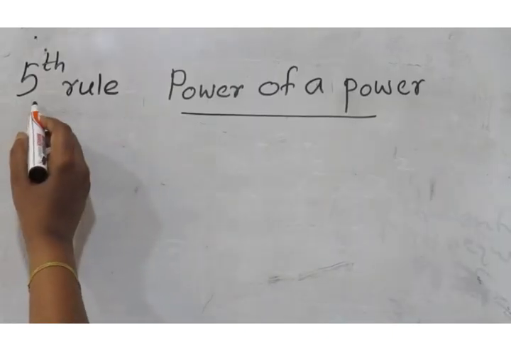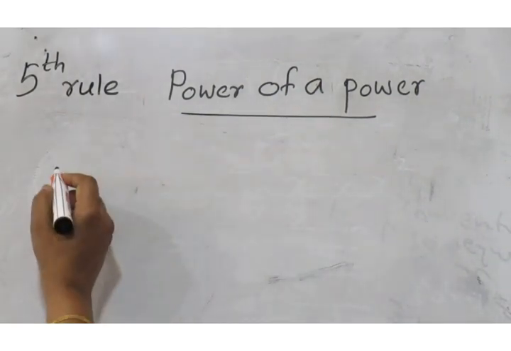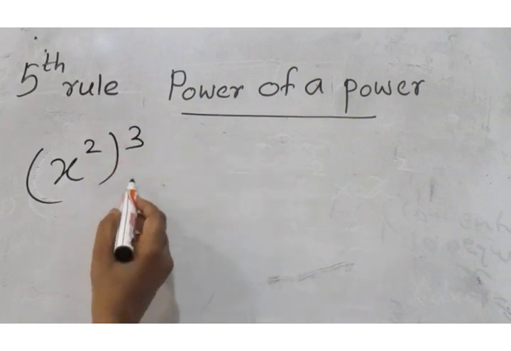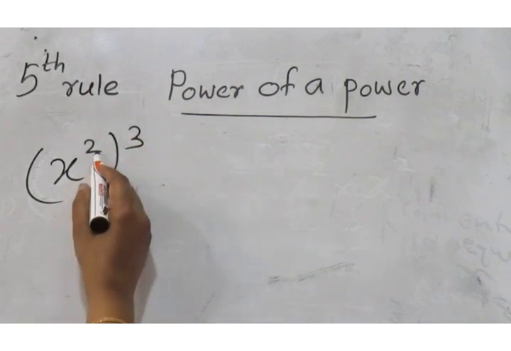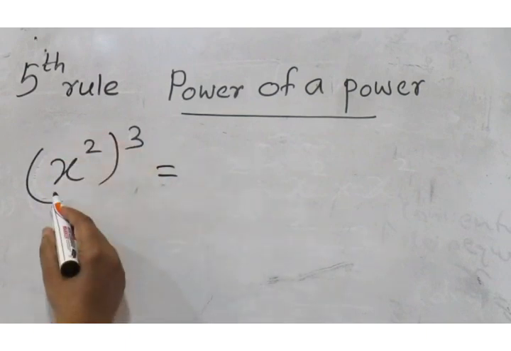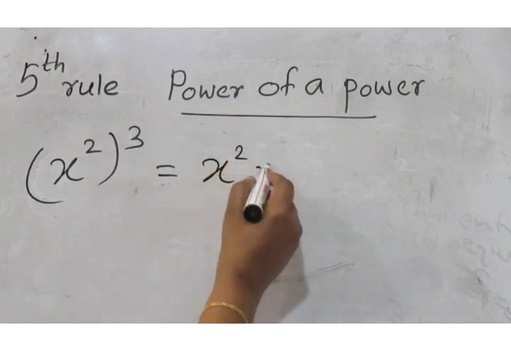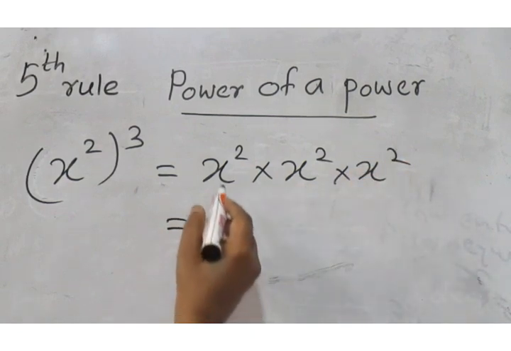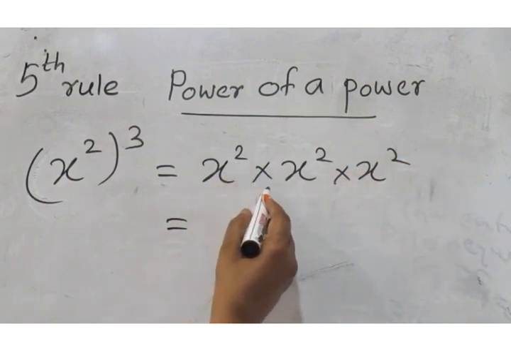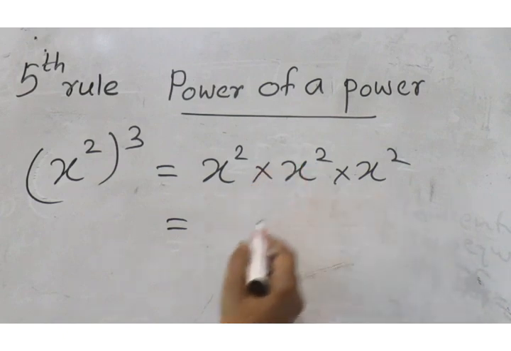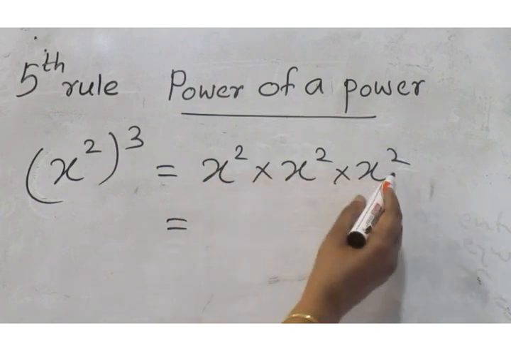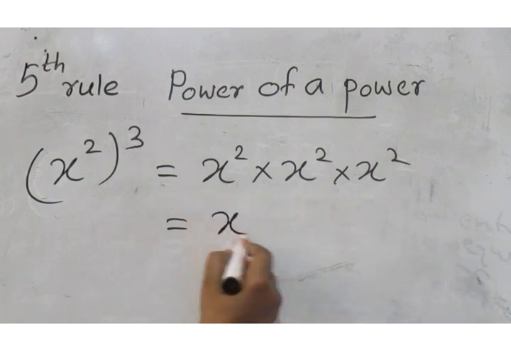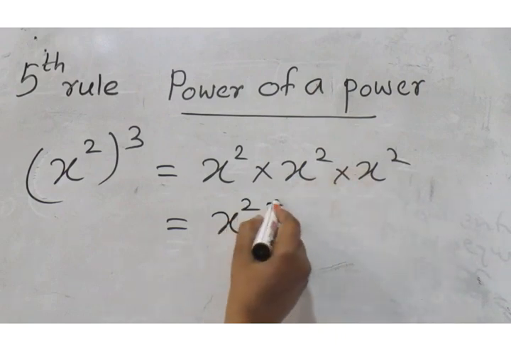Now finally, this is the fifth rule, power over power. Now see this expression. Here is the third power of x to the power 2, expansion form of this. Here x to the power 2 is multiplied repeatedly 3 times. Now using the first rule of indices, this is a product of 3 equal powers, so take the sum of indices.